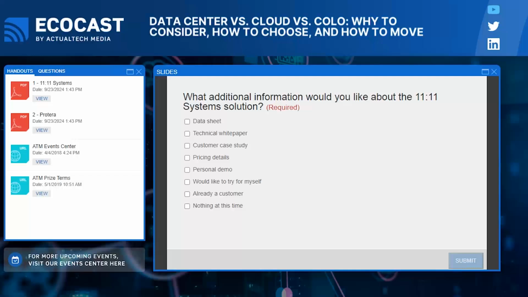And since we're on the topic of cost, and I know that's really important to everyone, I've got one more question that came in about that. They were saying, when conducting a cost analysis, how do you ensure that hidden costs, especially around cloud services, are accurately accounted for? Have there been any surprises in the past with infrastructure investments?